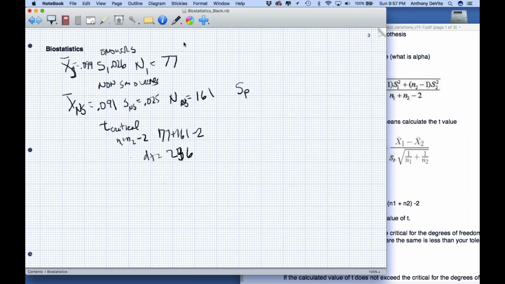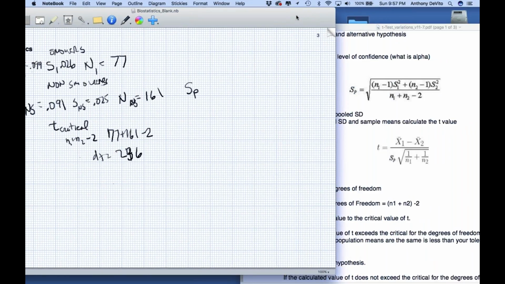It's equal to the square root of sample size 1 minus 1, which is 77 minus 1, or 76, times the standard deviation for the smokers squared.